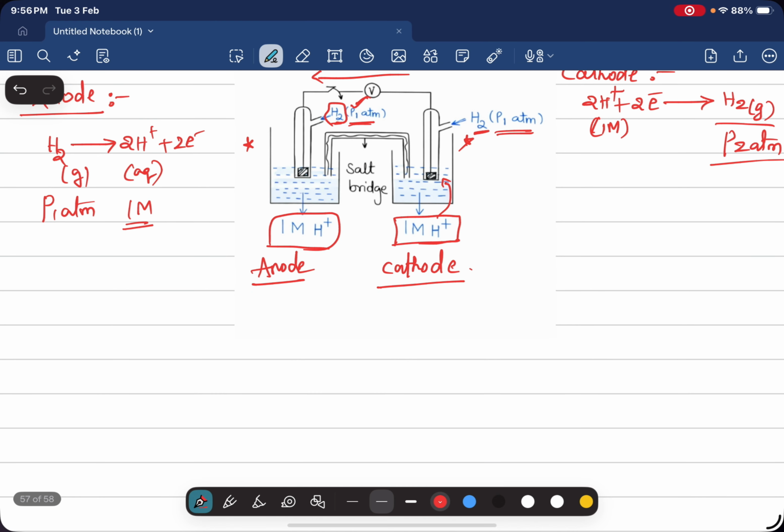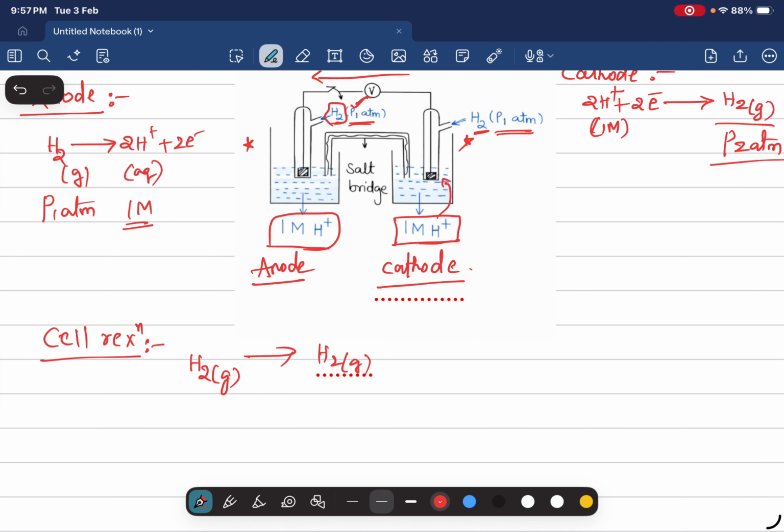Now we can see the total cell reaction. The total cell reaction will be H2 gas converted into H2 gas, right? But here this is P1 atm and this will be P2 atm.